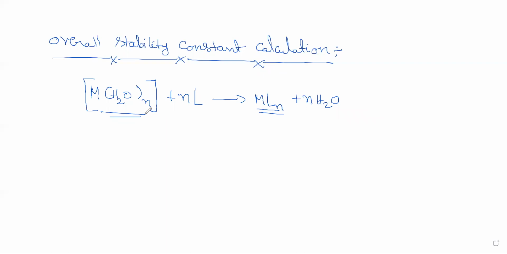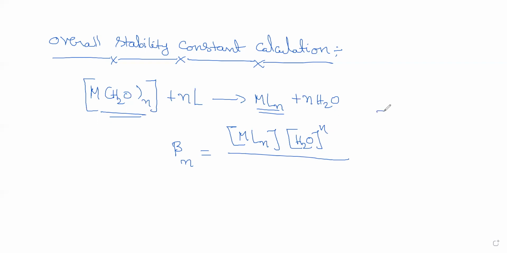That's the reason the ligand is replacing the water molecules. Now we call this beta n, the overall stability constant, which is the concentration of MLn into the concentration of H2O power n. The concentration of H2O can be taken as 1, no problem, but still we'll write.